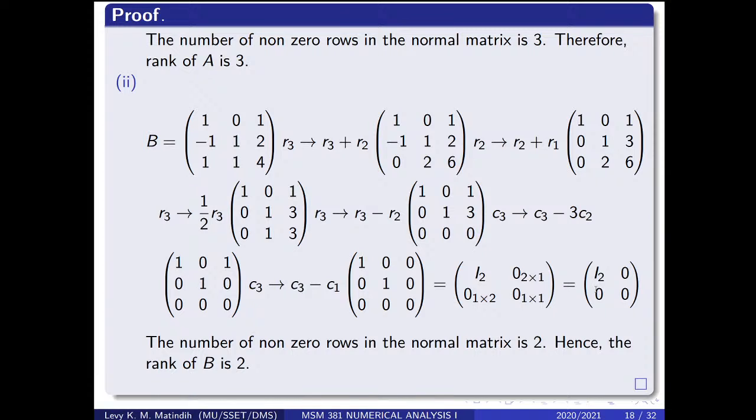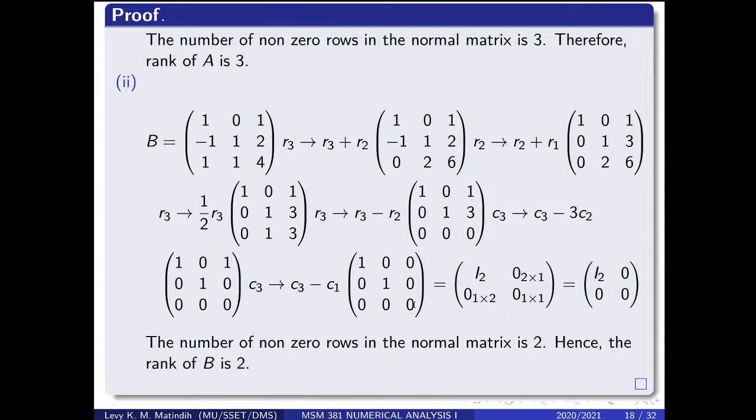Now, what is the rank of matrix B? You can't determine the rank of a given matrix by looking at the matrix itself. If I ask you what is the rank of this matrix, you can't just say it is 3. You are only going to determine the rank of this matrix by finding its normal form. So the normal form of matrix B is this matrix with entries 1, 0, 0, 0, 1, 0, 0, 0, 0.